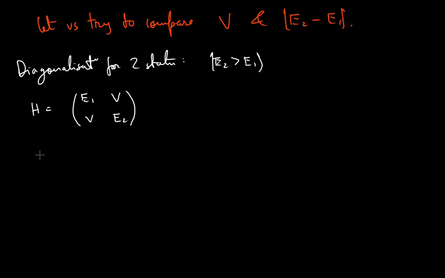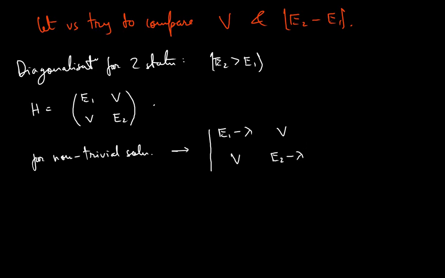Okay. Now for a non-trivial solution we have the determinant of E1 minus lambda, V, V, E2 minus lambda equal to 0.